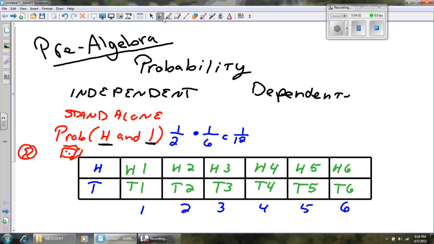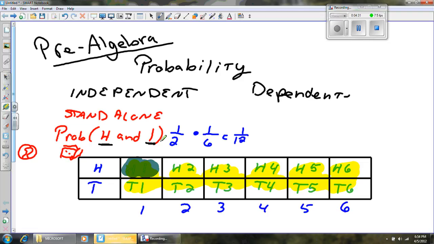Now check this out. If I look here and see all the possible outcomes, I have 12 total outcomes: 1, 2, 3, 4, 5, 6, 7, 8, 9, 10, 11, 12. But only one of those possible outcomes is the heads and a 1. That would be this guy right here. Oh, you can't see the green on the green.